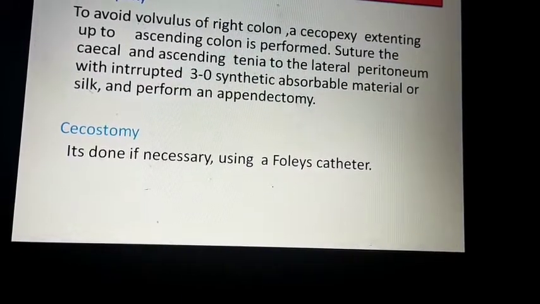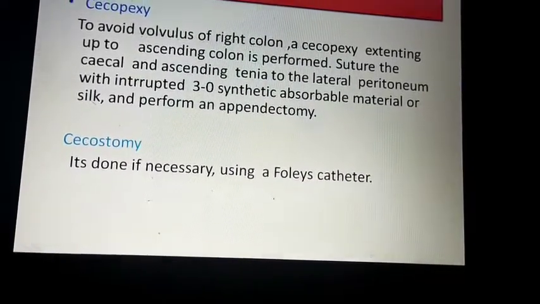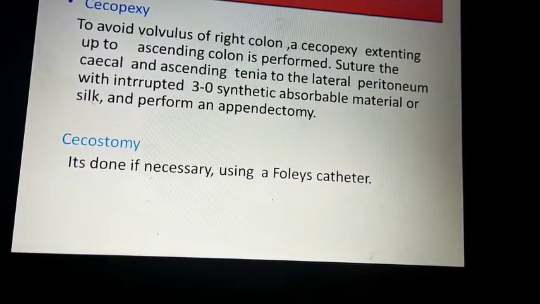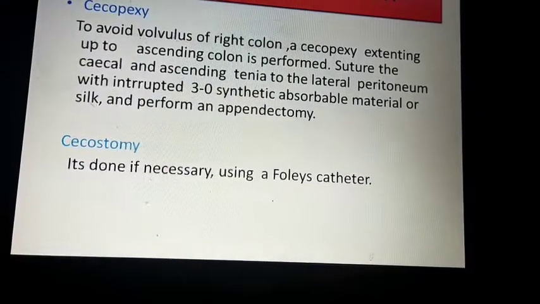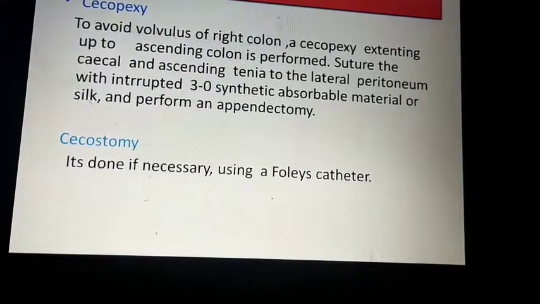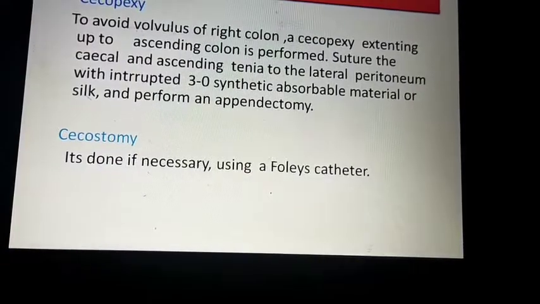To avoid volvulus of the right colon, a cecopexy extending up to the ascending colon is performed. Suture the cecal and ascending tinea to the lateral peritoneum with interrupted 3/0 synthetic absorbable material or silk and perform an appendicectomy. Cecostomy is done if necessary using a Foley's catheter.